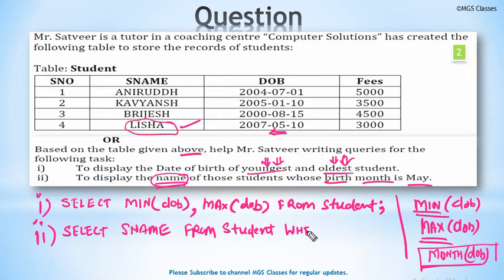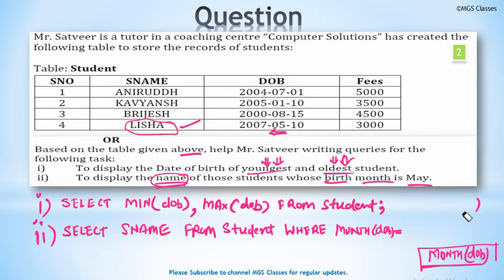In the where condition you will write month of DOB should be equal to 5. So this way you can write this query.